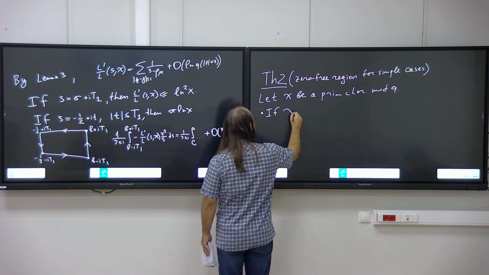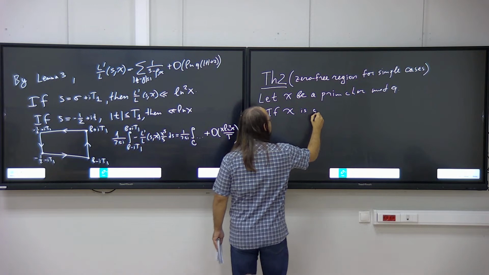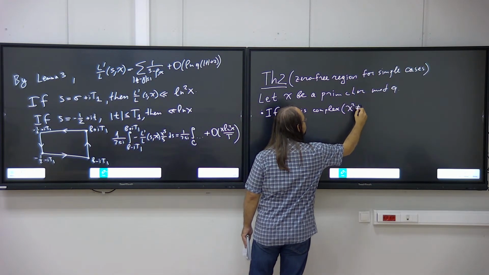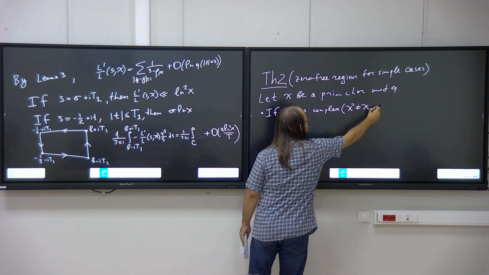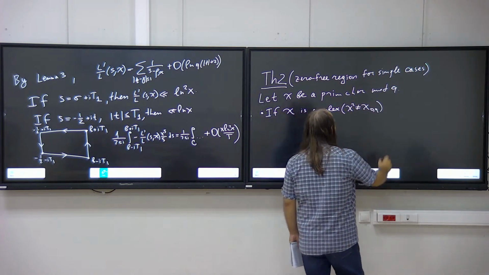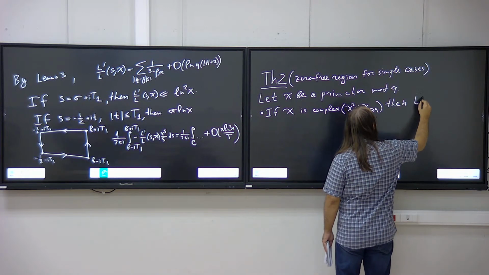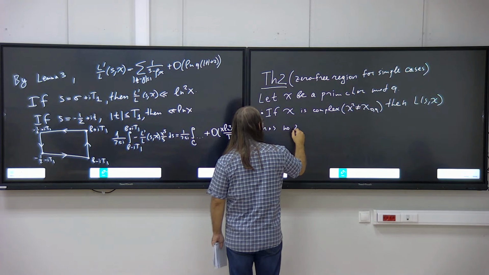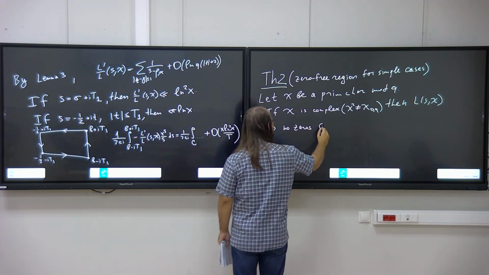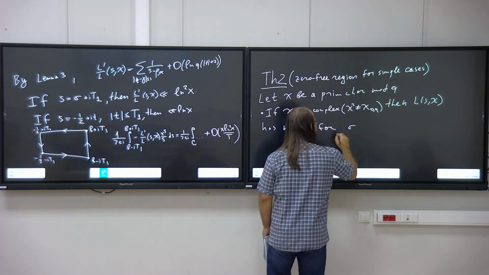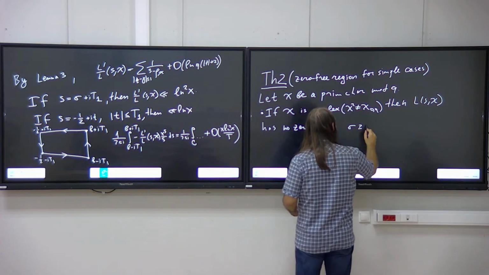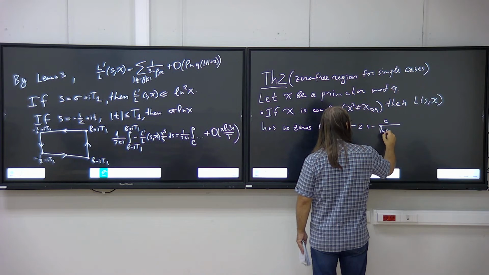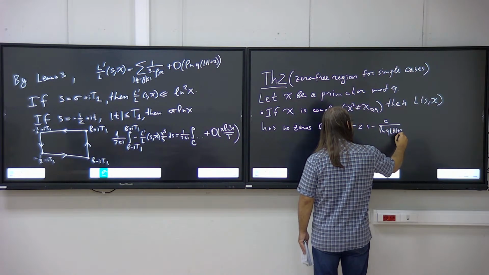If chi is complex, so chi squared is not equal to chi 0 q, then L of s, chi has no zeros for sigma greater than or equal to 1 minus a constant over logarithm of q times absolute value of t plus 2.